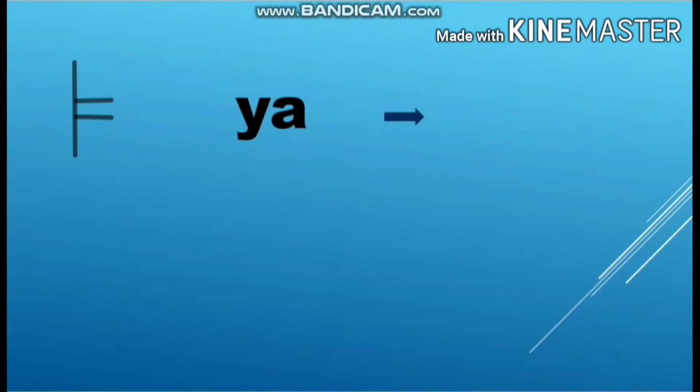The next sound is Ya. You already know A, you just need to add one more line. That's Ya. For this, you need to draw the first line from top to bottom, then left to right and left to right.